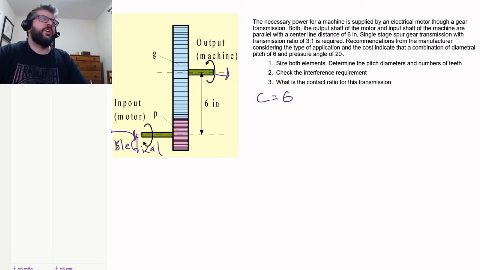One stage, so we're only using one pair of gears, and we want a transmission ratio of 3 to 1.